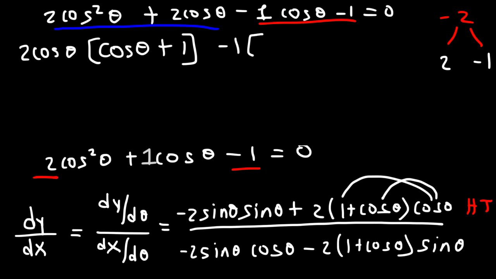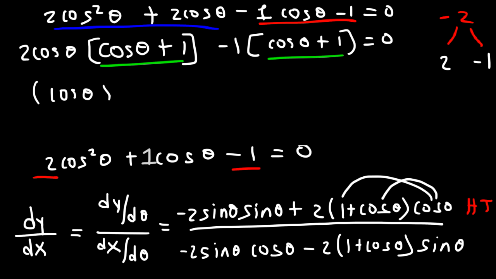If we do, we're going to get cos θ plus 1. Next, we need to factor out cos θ plus 1. So we're going to write it once. And when we take it out of this term, we're left with 2 cos θ. And if we factor it out of this term, we're left with negative 1.